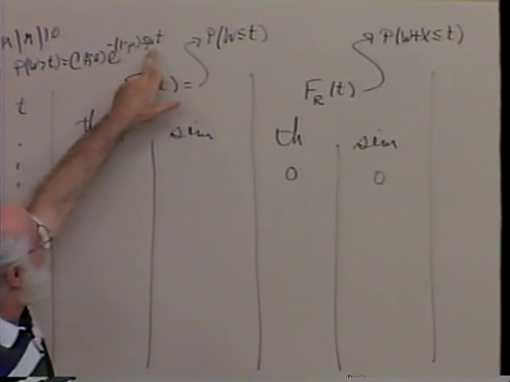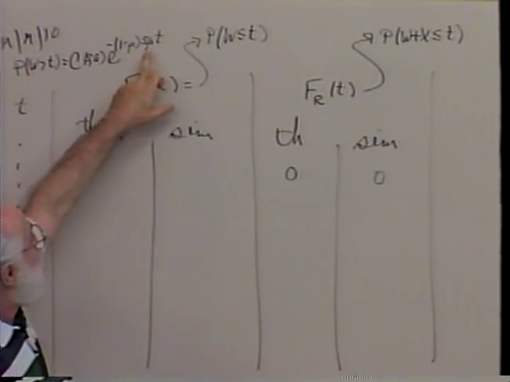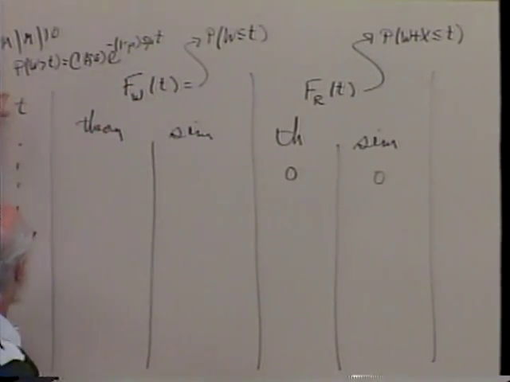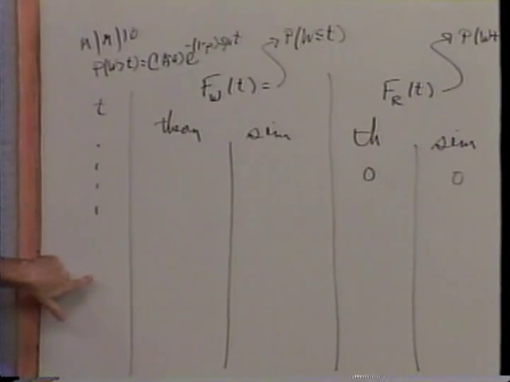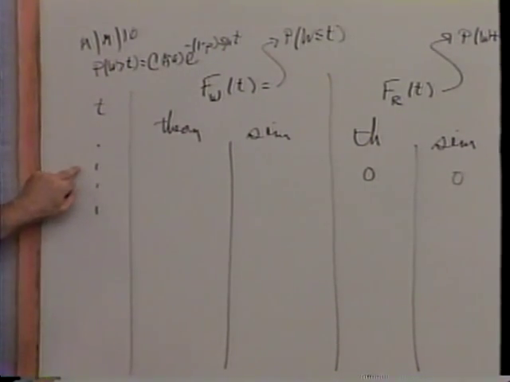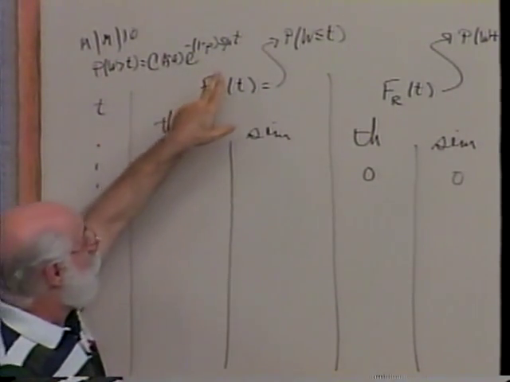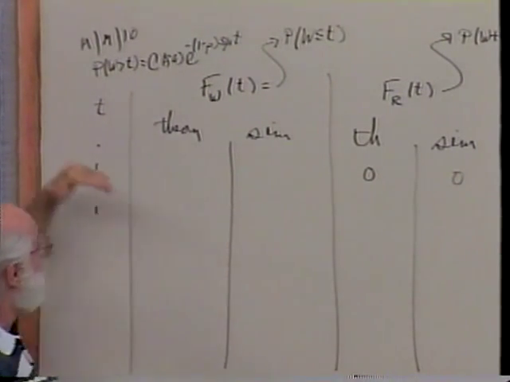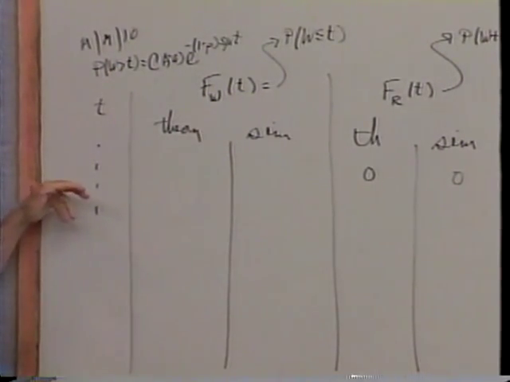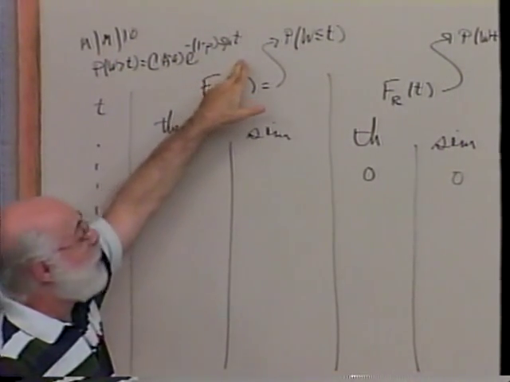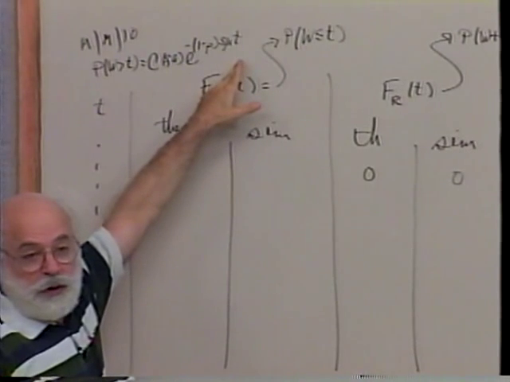But then, of course, since this t is measured in units of average service time, then 1 unit of average service time, if my tau is 2, would be 2 seconds. So I would have to adjust the t so that mu t is the same value as before.